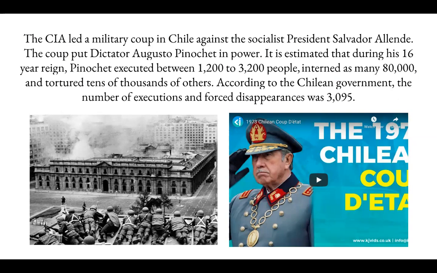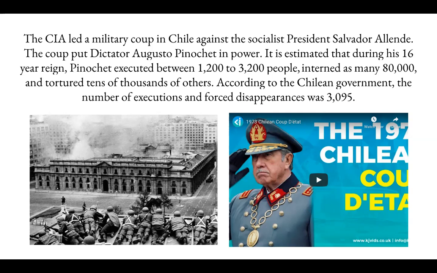So the United States CIA was happy to have him in power as opposed to a socialist, a communist. It is estimated that during his 16-year reign, this pro-democratic dictator, Pinochet, executed between 1,200 and 3,200 people, interned or jailed as many as 80,000 of them, and tortured tens of thousands of others.